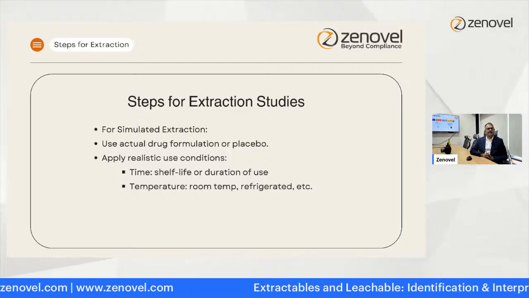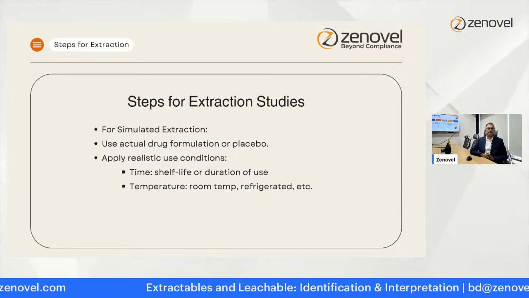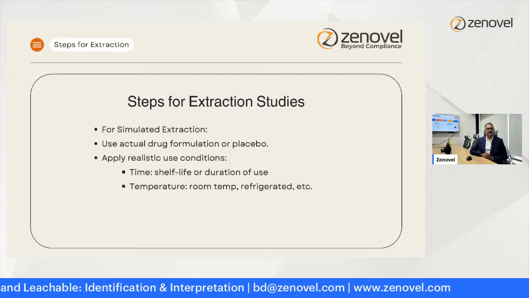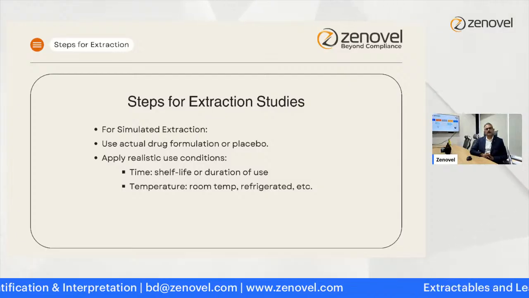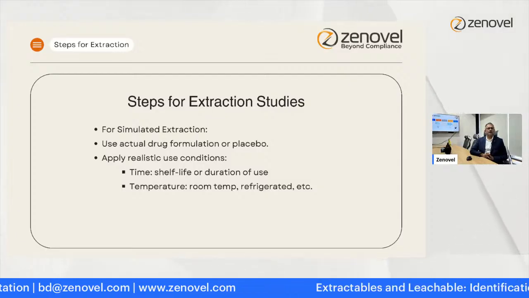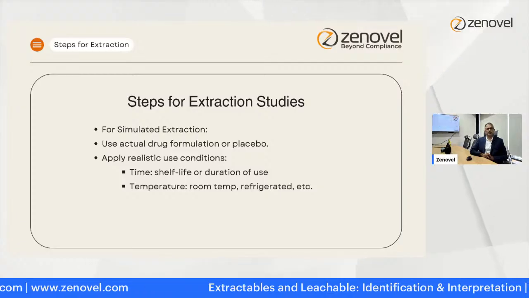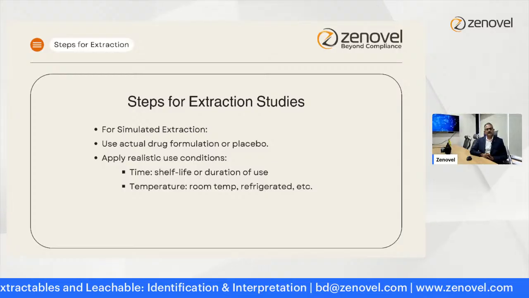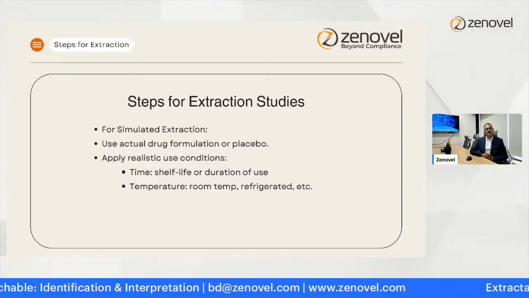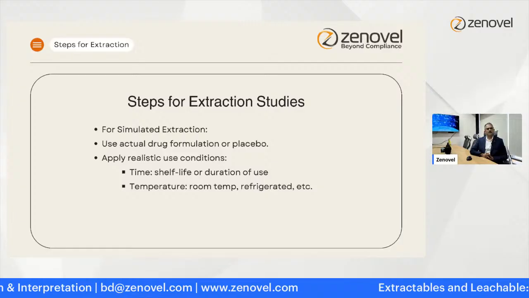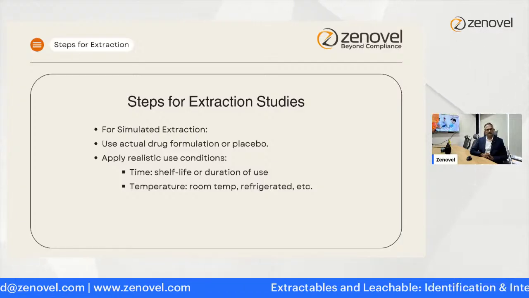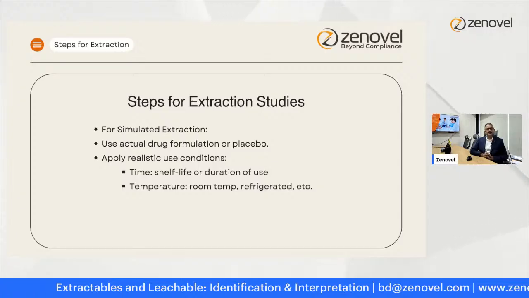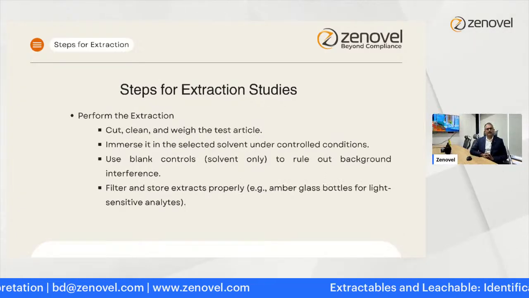We have to apply realistic use conditions such as time, shelf life, or duration of use of the drug product, and temperature, that are evaluated during the actual stability of the products, for example room temperature, refrigerator, or any other conditions. The same conditions which were evaluated during the drug stability, we have to take in the simulated condition.